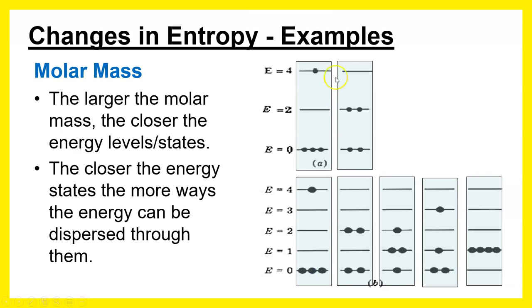So on the small one, maybe there's only 2 ways that it can happen. Maybe the energetics only allow 2 combinations. But when our energy levels are so close together, maybe I can have 5. So the larger molar mass thing has more choices, more microstate arrangements within those energy levels, within those energy states.